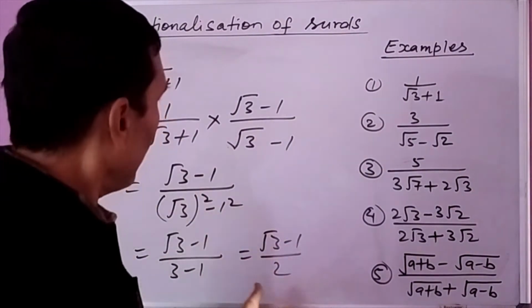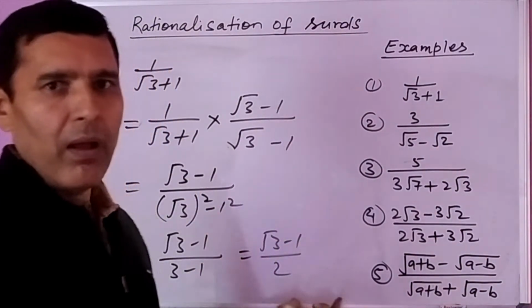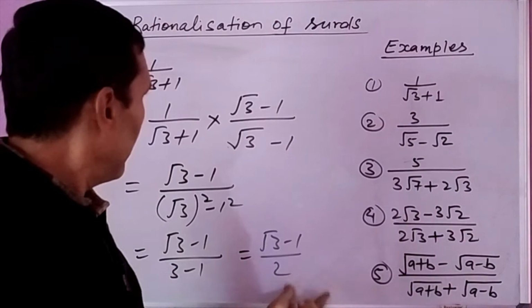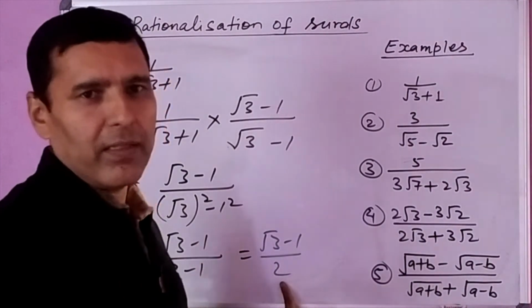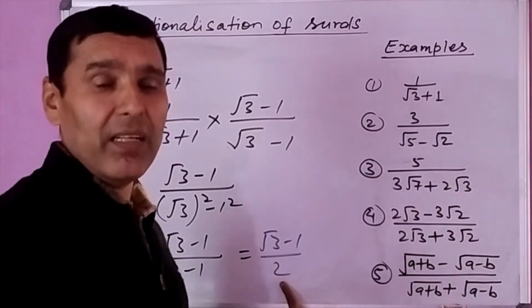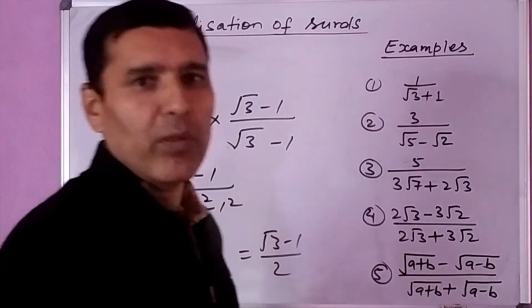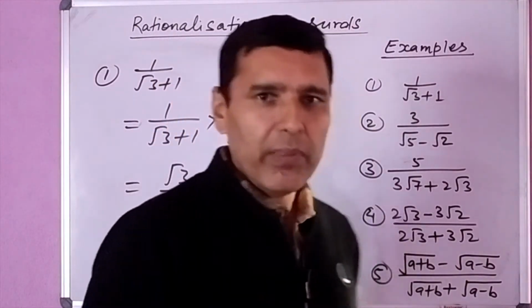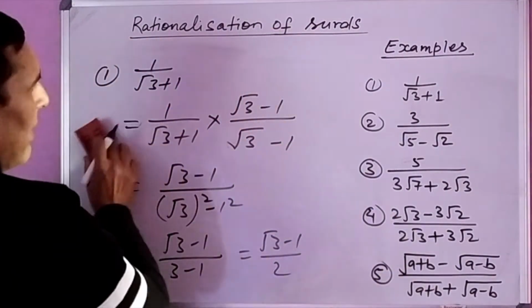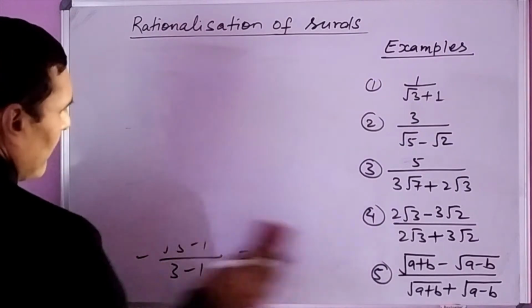Actually, the form is the same. But here you can see the denominator, it is a rational number. So the main thing here is we are trying to change the denominator into a rational number so that the further simplification will be easier. In the second and third question also we will do the same.